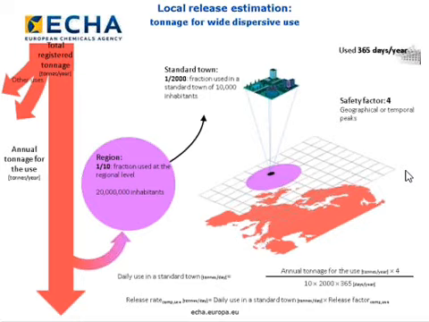In principle, for a region, it's assumed that 10% of the tonnage assigned for that specific use is used within the region, and in the standard town, it's assumed to be 2,000 times less, by number of inhabitants compared to the regional inhabitants, and also an additional safety factor for geographical or temporal peaks is assigned.